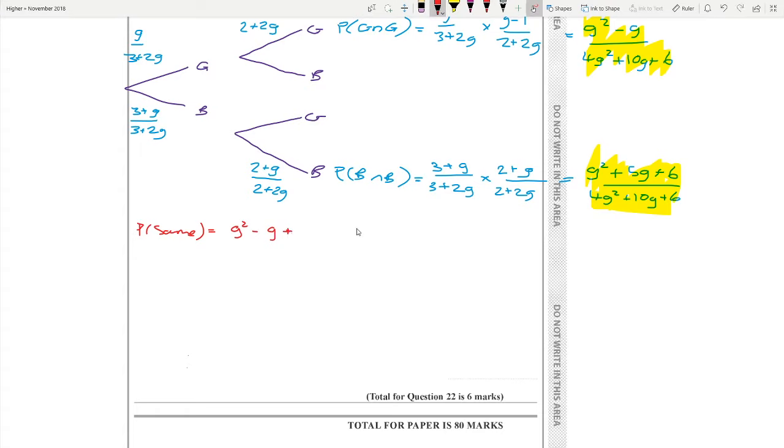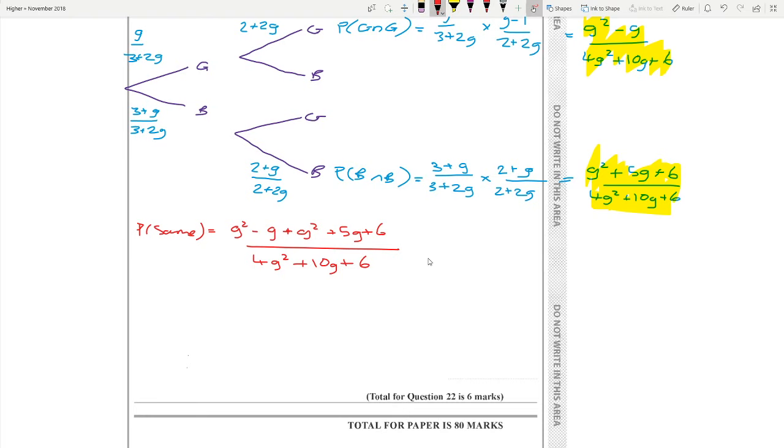Add G squared, add 5G, add 6, all over 4G squared, add 10G, add 6.